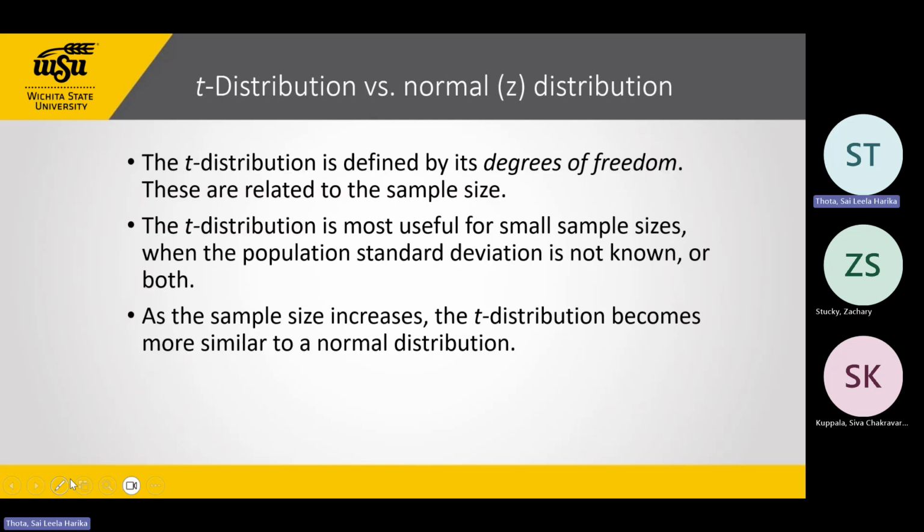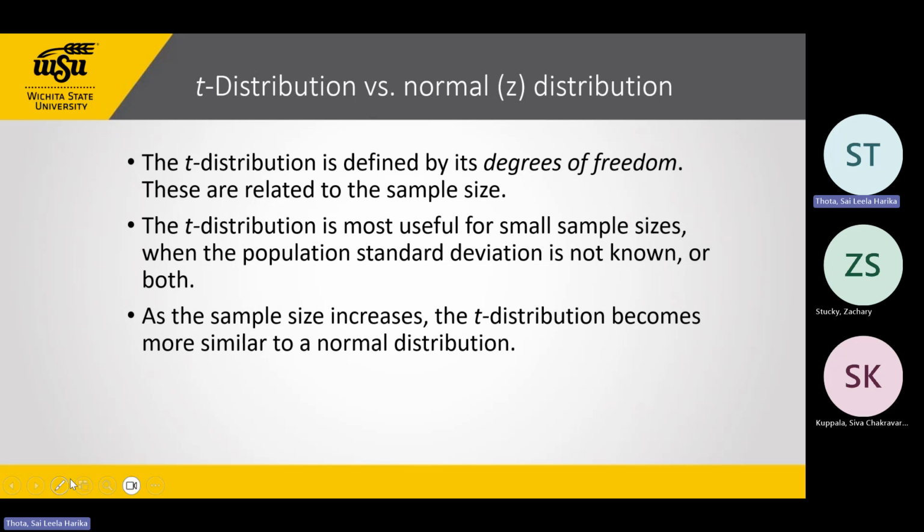Okay, t distribution versus normal distribution. The t distribution is defined by its degrees of freedom, as we discussed before. So the variables have freedom to change, but they all fall at the same place. These are related to the sample size. The t distribution is most useful for small sample sizes.